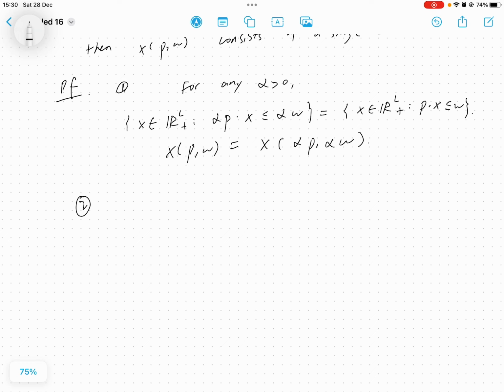That would be the meaning of local non-satiation, and intuitively it is also straightforward.